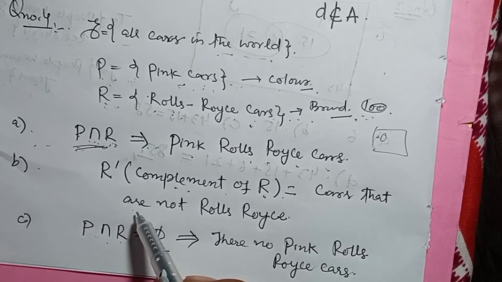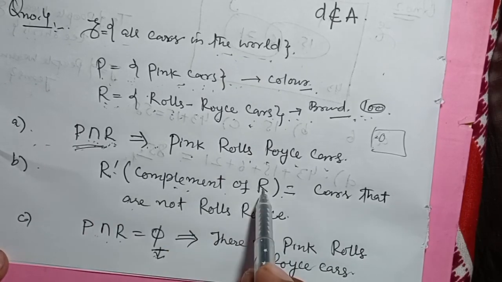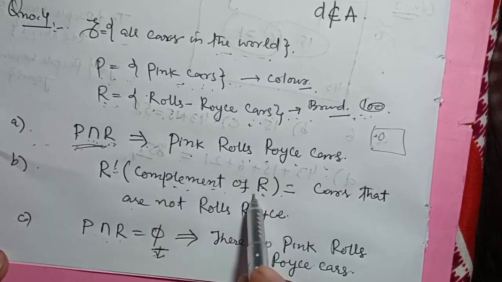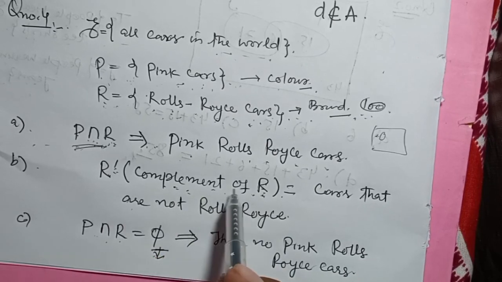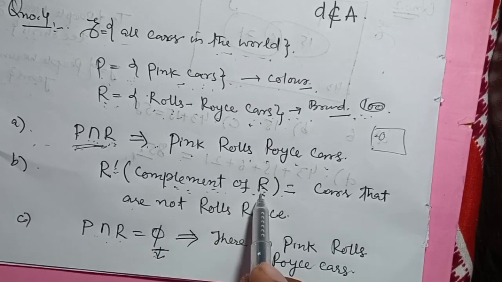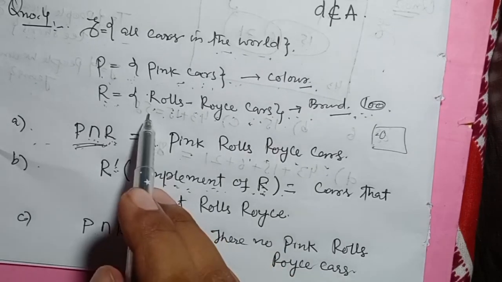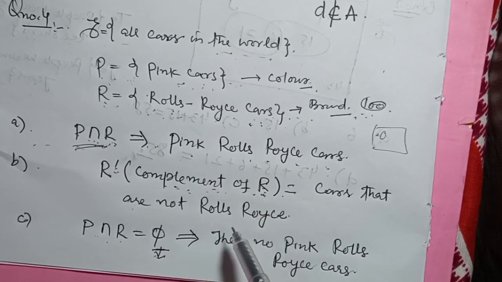Now the second part is describe the set R dash in words. What is this R dash? R, we know, is Rolls Royce cars. R dash is the complement of R. Complement of R in sets means those things which are not in R. In R there are Rolls Royce cars. So what are not in R?